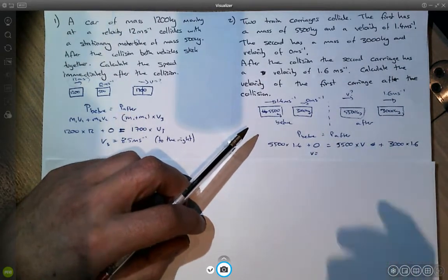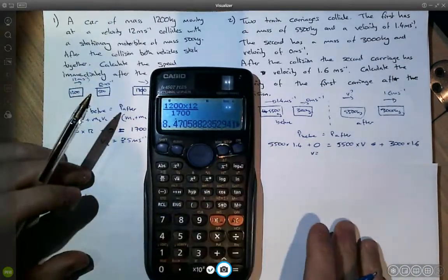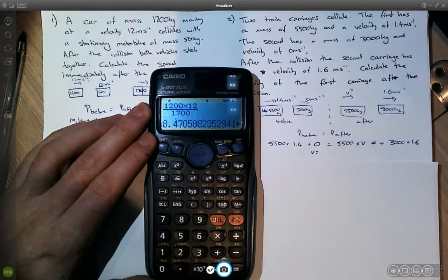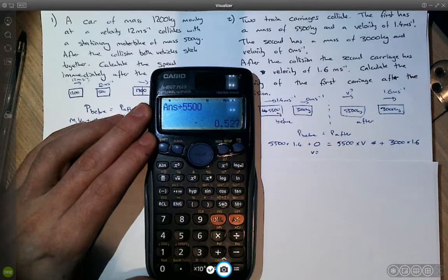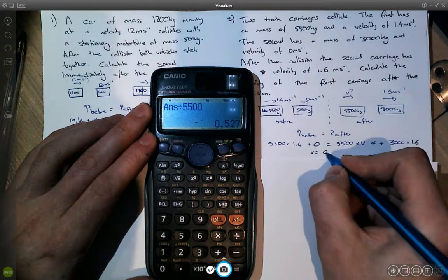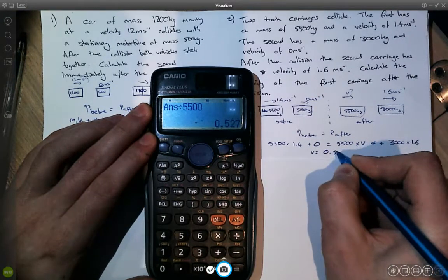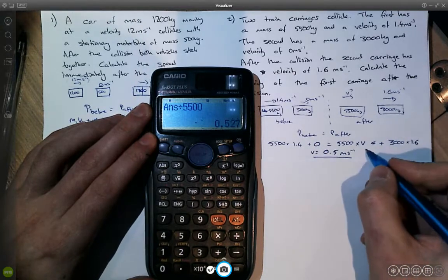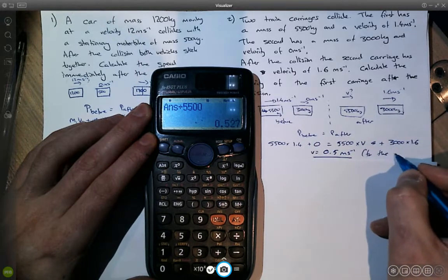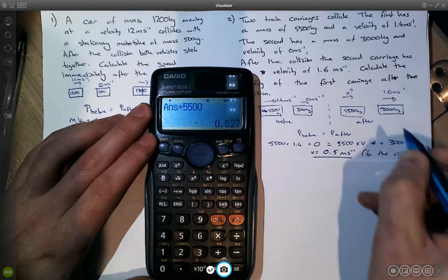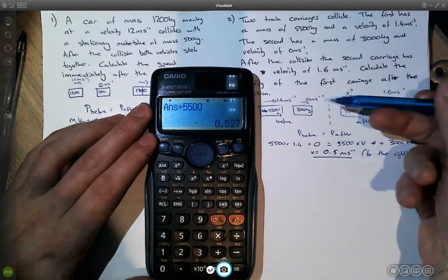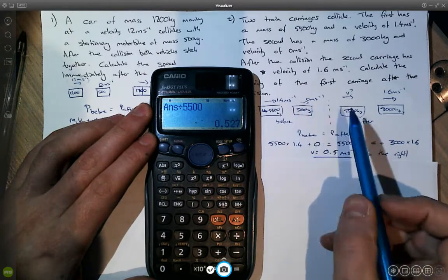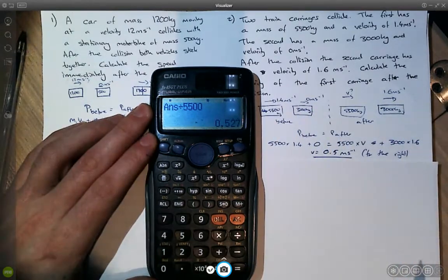So if we solve this equation, we can find out what v is. And we see that the velocity is 0.5 meters per second. It's positive, so again, it's to the right. If it was a negative velocity, which sometimes you might get, it's rebounded off and gone left. If this mass was smaller than this, that's probably when you would find it would go to the left.